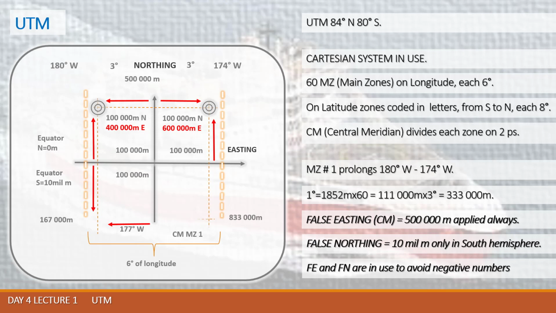So if you multiply 84 degrees by 1852 meters using the standard mile, and transfer degrees to meters, you will receive a value of about 10 million meters. Then that value was just shifted to the beginning of the coordinate system which we are discussing here, and then you know the story. We have to use this artificial offset only when we operate in the south hemisphere. I mean the false northing we have to use only in the south hemisphere.